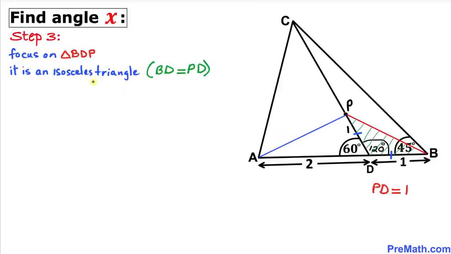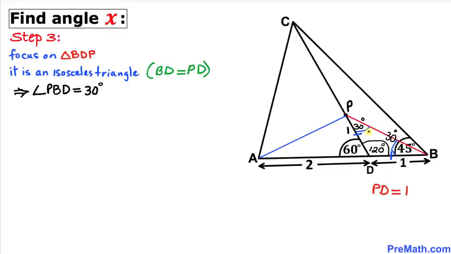And now here's our next step. Let's focus on this triangle BDP. And we know that this is an isosceles triangle since this side length BD is equal to this side length PD. So therefore, this angle has got to be equal to this angle.